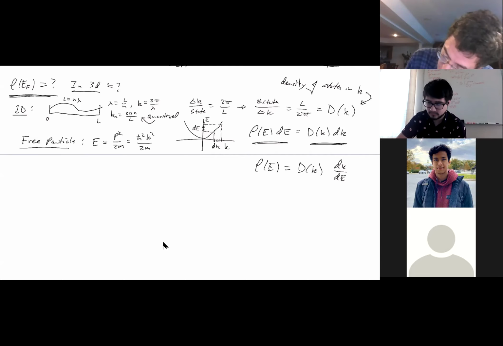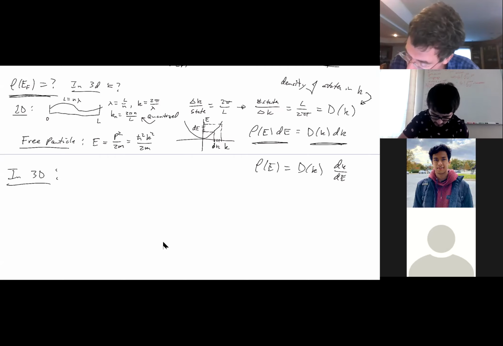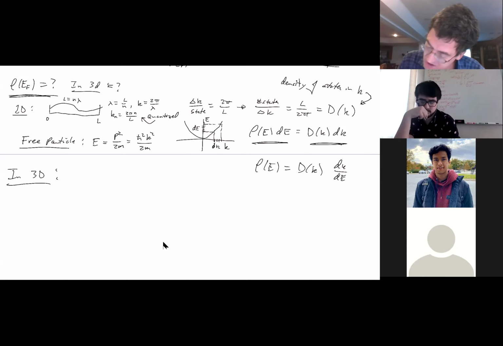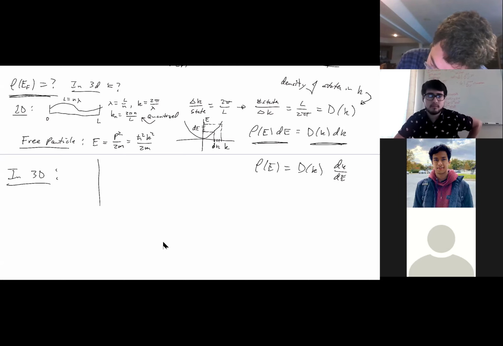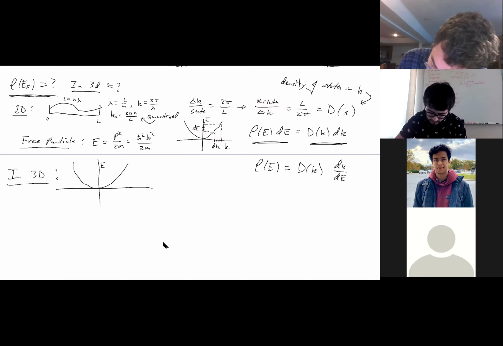Okay, and so now in 3D, we just generalize this concept and we have the same relationship, only now there's a little glitch. In 3D, we still have this parabola. The energy versus K relationship is still a parabola.